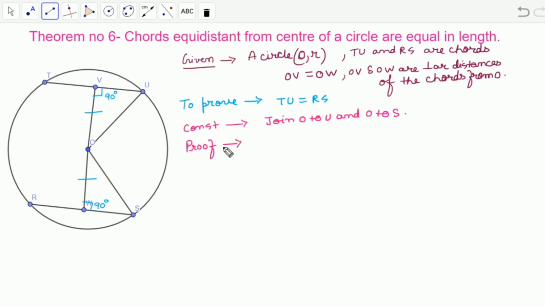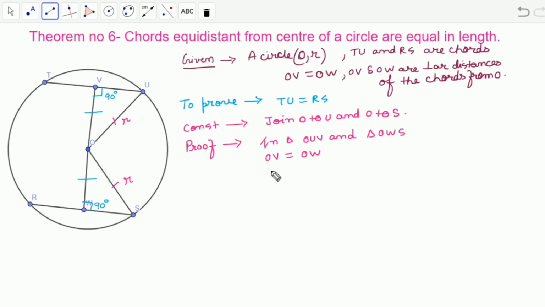If we join it, we observe that OU is a radius and OS is also a radius of the circle, right? So again, in triangle OUV and triangle OWS, what is given? It is given that OV is equal to OW.